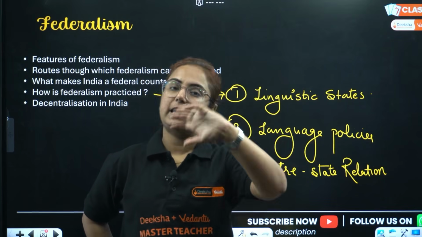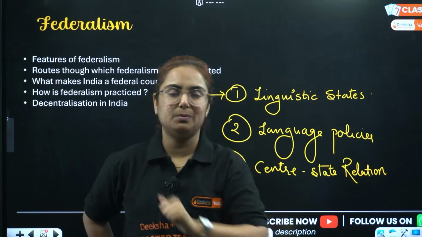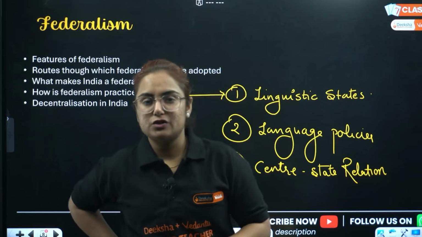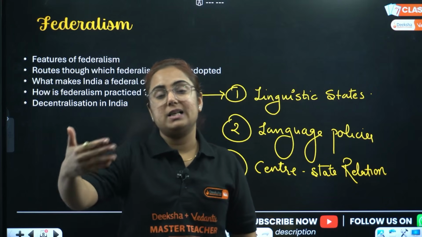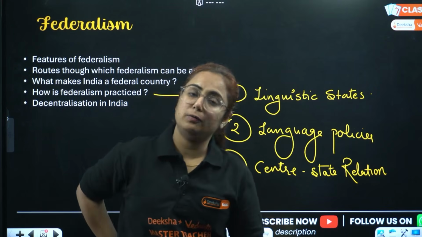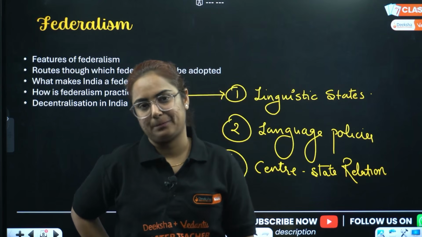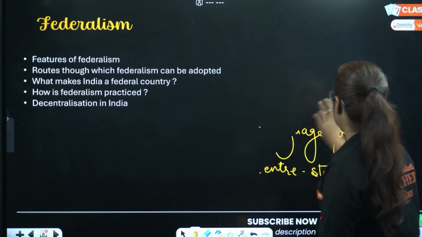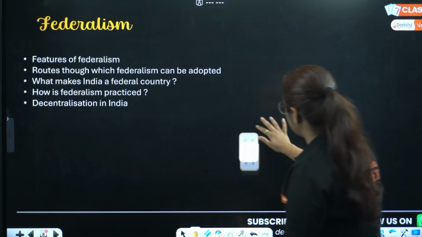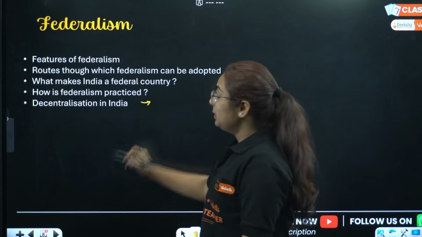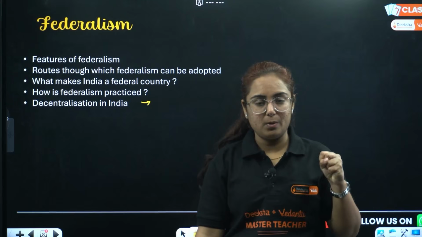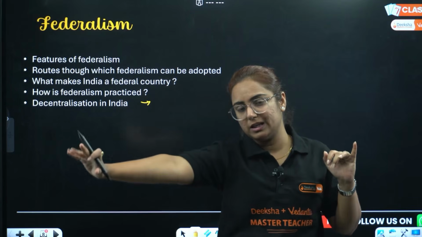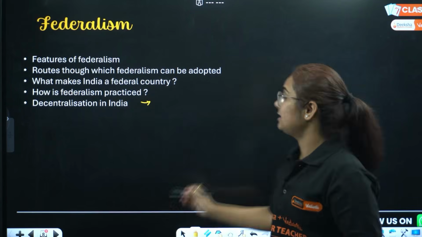Before 1990, the relations were such that one single party was in majority in the nation. After that, some regional parties rose, due to which a coalition form of government is seen in the nation. And the important topic is decentralization. What is decentralization? When powers are taken from the central government and state government and given to local government, that is known as decentralization.